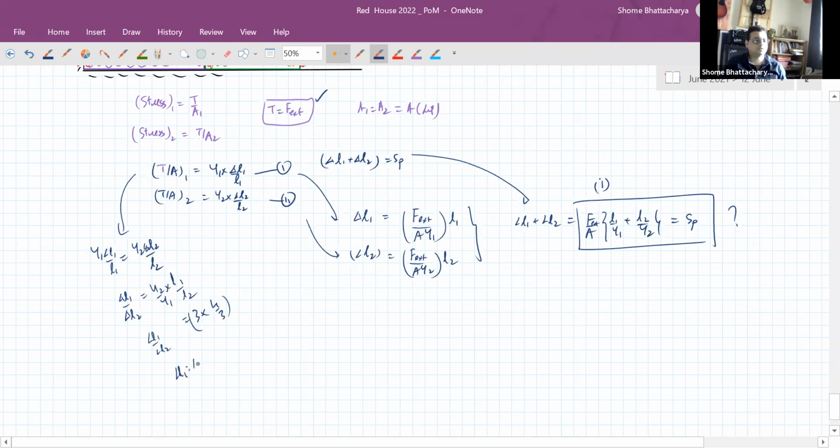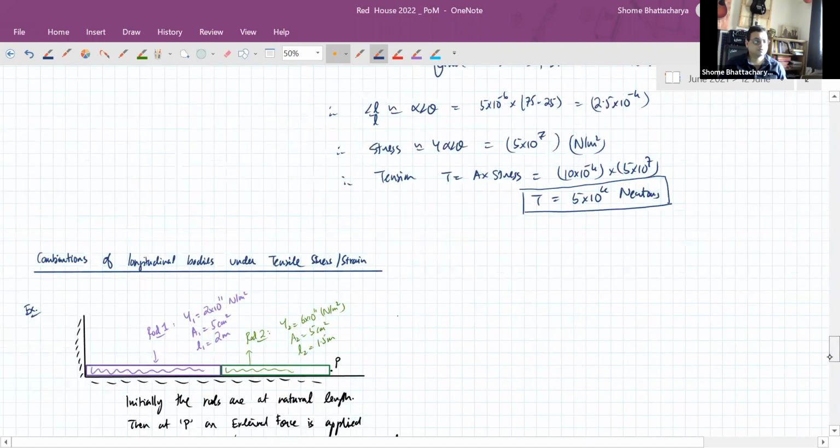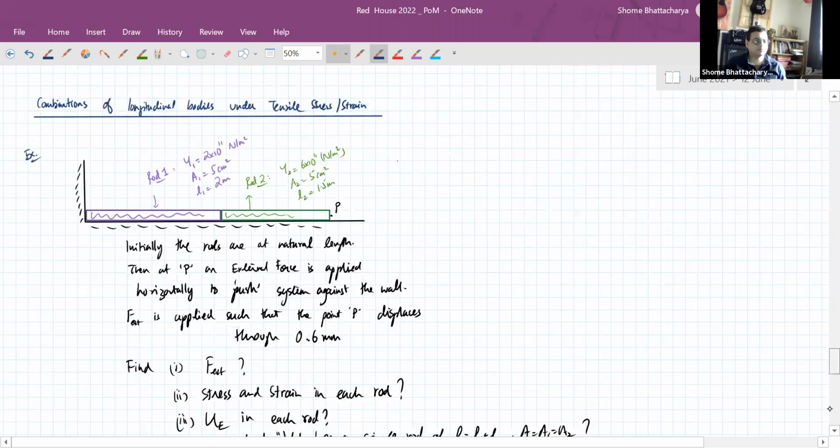So delta L1 is to delta L2 is 1:4, and delta L1 plus delta L2 is the displacement of that point, which we have taken to be 0.6 mm.